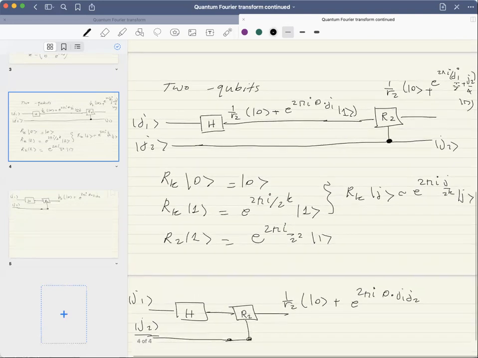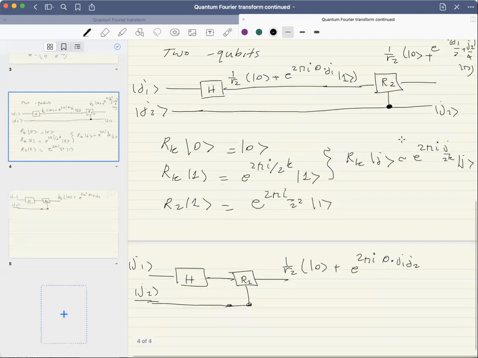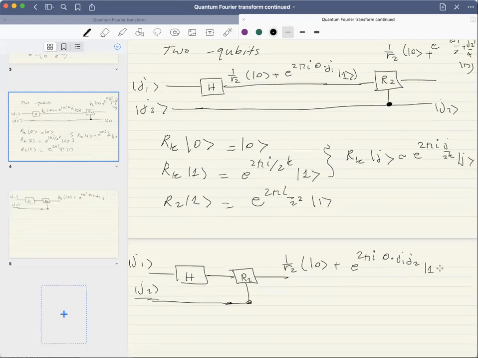It's J1 over 2 plus J2 over 4, state 1. This is now, again, J2, nothing has acted on it. I can put a Hadamard, if I wish, over here and get 1 over square root 2, 0, plus e to the 2 pi i point J2, 1.